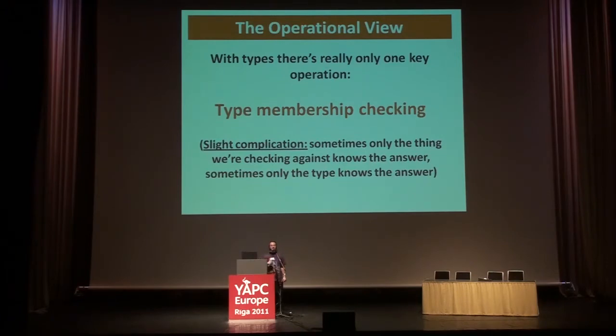If you have a refinement type, that is a type which says these values are acceptable, then it's the type that knows. If you have an object and you're asking it, are you an instance of this class? Well, in that case, the object knows. The class doesn't have a link back to all of its instances that we'd want to sort through. So that gets kind of curious as well. But essentially, this is the main operational thing we care for.